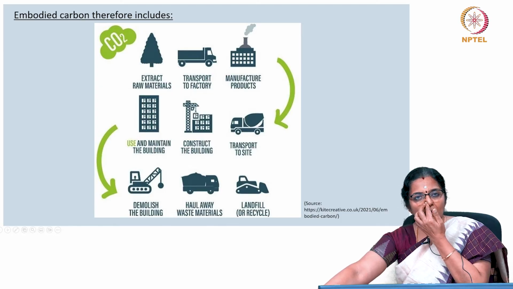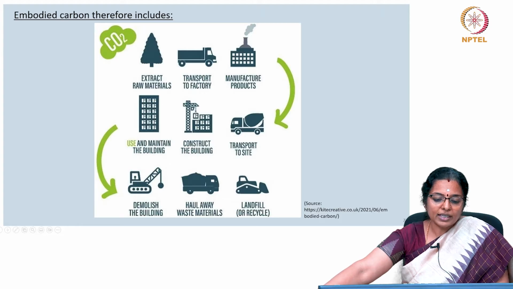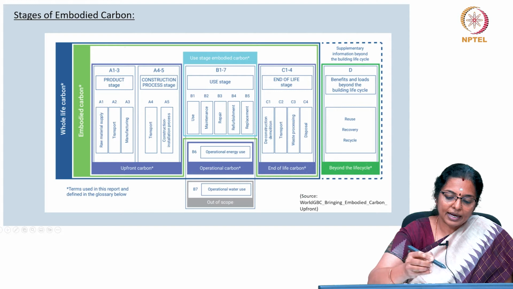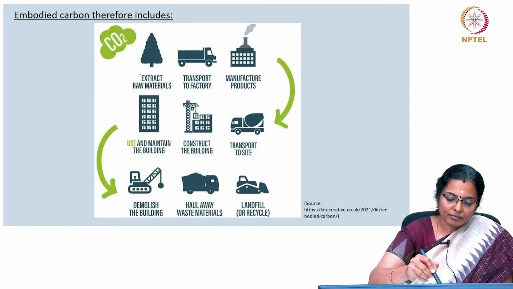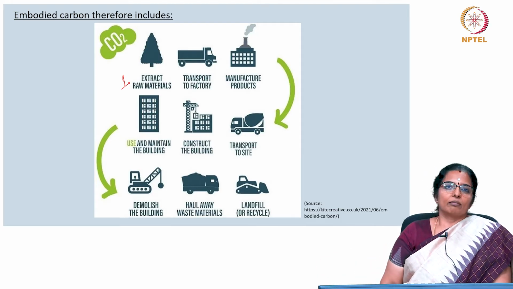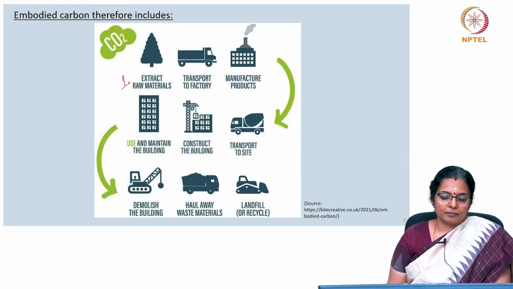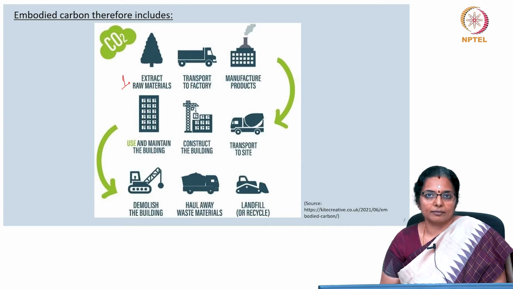Let us now look at what all comprises embodied carbon. Embodied carbon includes, number 1, extraction of raw materials. Now, how will that vary? Let us take an example. Suppose you have to manufacture brick. What would be the energy required to extract the raw material for the brick?